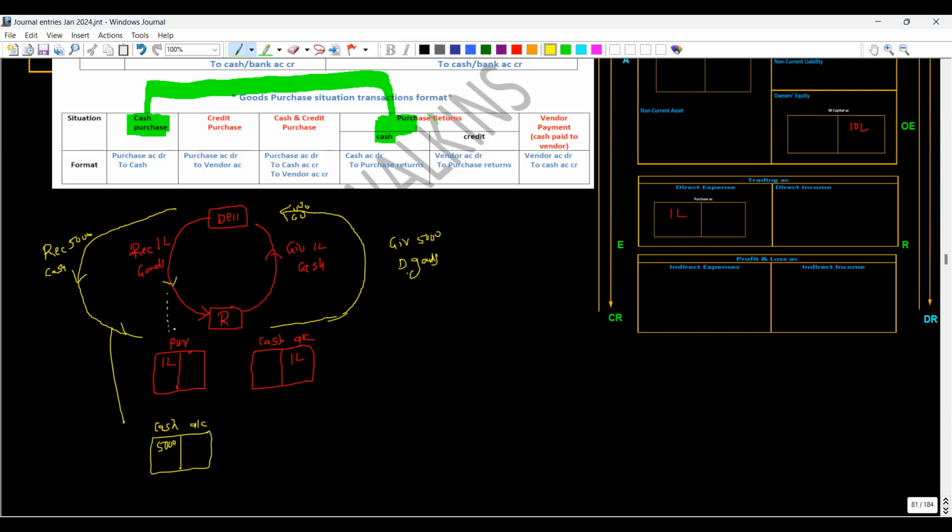Purchase account. Similarly, to record the returned goods or the damaged goods, which account are we going to maintain? The company is going to maintain one separate account: purchase return. PR, purchase return account.